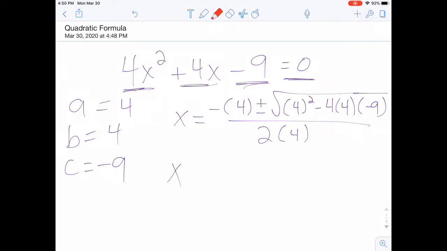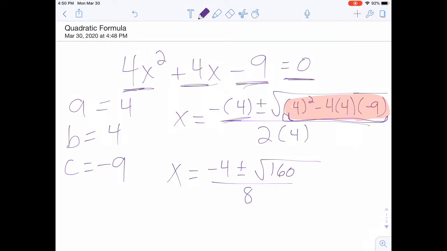Again, I tell my students to plug in what's underneath the square root sign, not including the square root symbol. This becomes negative 4 plus or minus the square root, and if I plug this whole thing in with parentheses, you get 160.